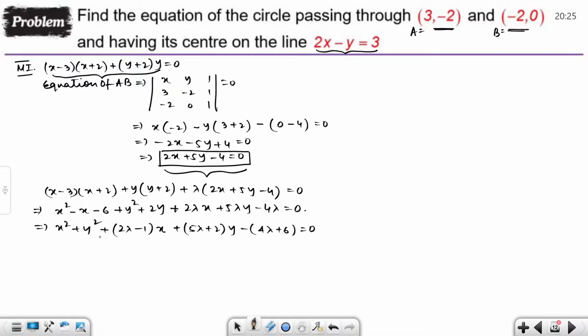Correct? So what is its center? The center of this circle is, okay, as they have said that the center is lying on this line, hence it must satisfy this equation.